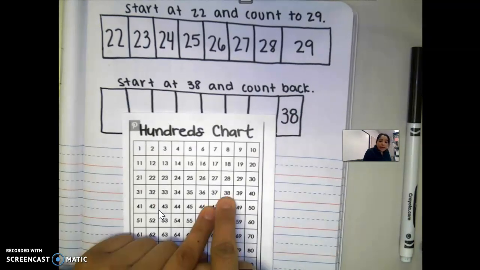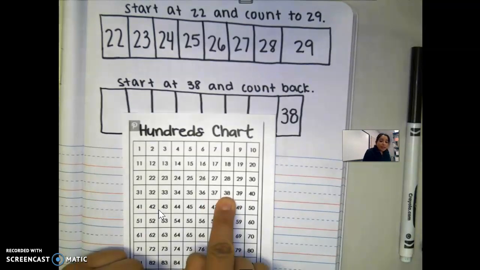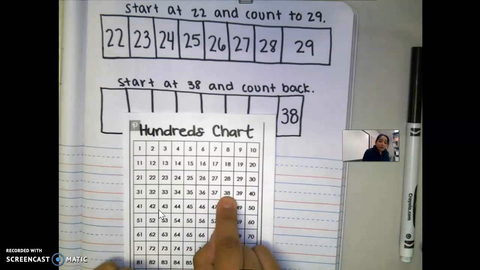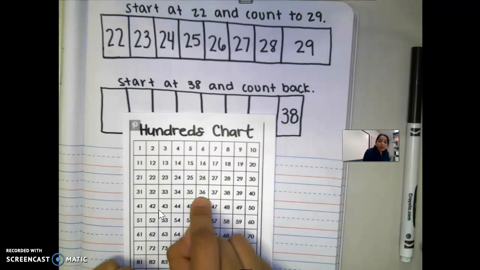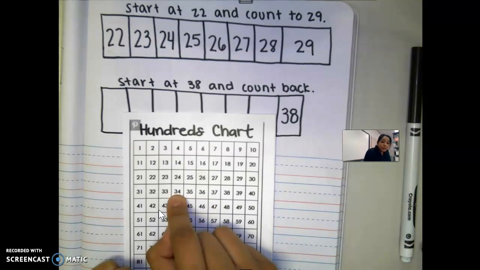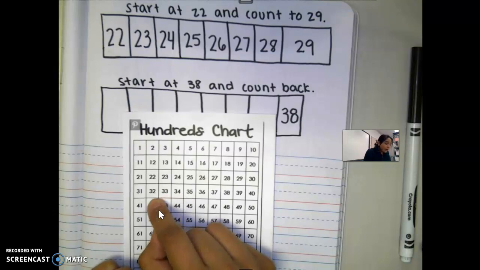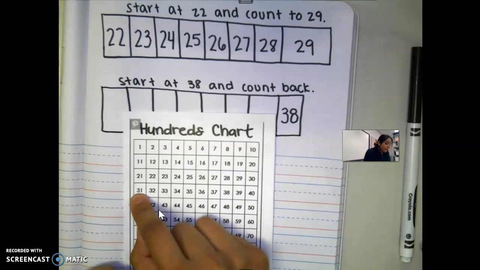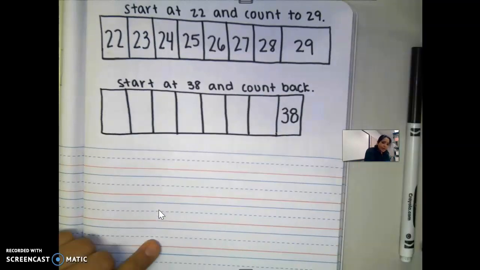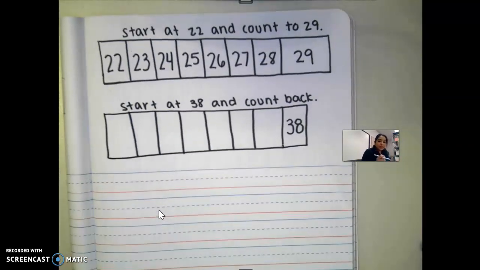I'm going to just practice counting all the way till 30, but I'm going to count back. So I have 38, 37, 36, 35, 34, 33, 32, 31, and 30.